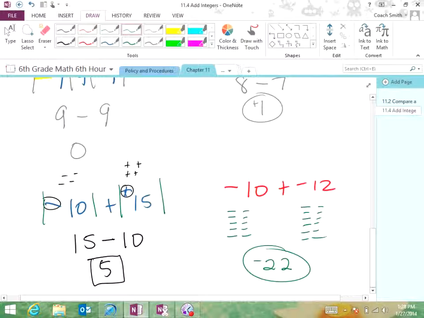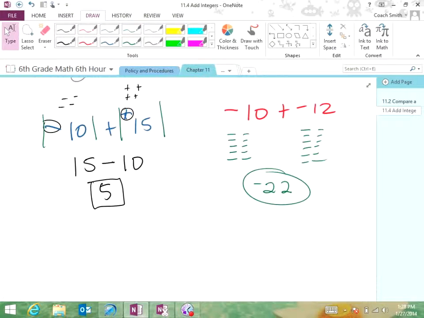All you do is, if the signs are the same, just like you've been doing, what's 8 plus 5? 13. Well, you didn't know it, but 8 plus 5, they're both positive, so you just added the two numbers together.